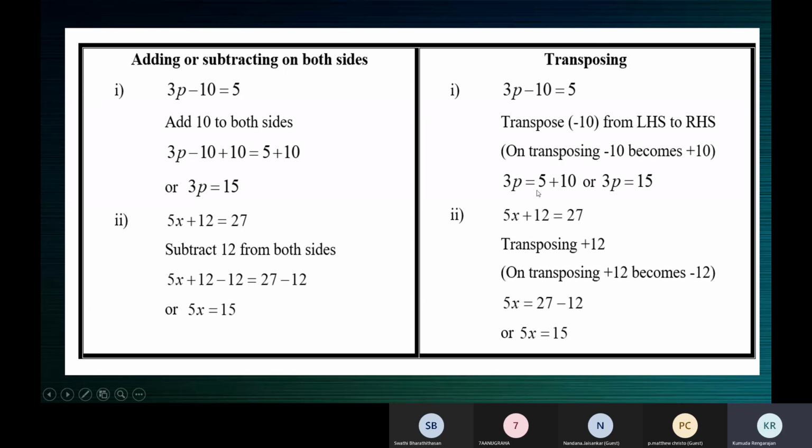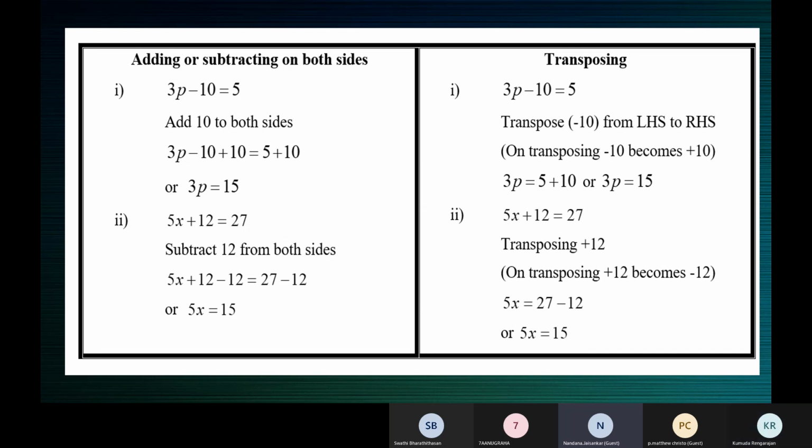So we have 3p is equal to 5 plus 10, which is 3p is equal to 15. So you get the same result. Instead of adding 10 on both the sides, you can straight away transpose minus 10 as plus 10 to the other side. And the transposing method is also like a single step to get the answer.